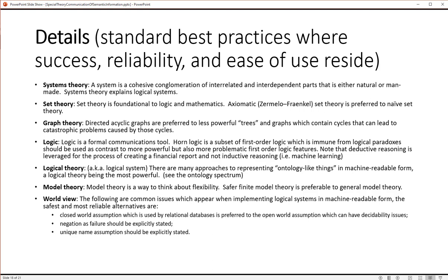What I've done is I've picked the best practices of all these areas where you have the highest probability of success, the most reliable, the easiest to use, plus the highest expressive capabilities, and that's why I'm doing it the way that I'm doing it, and because you get the best result.